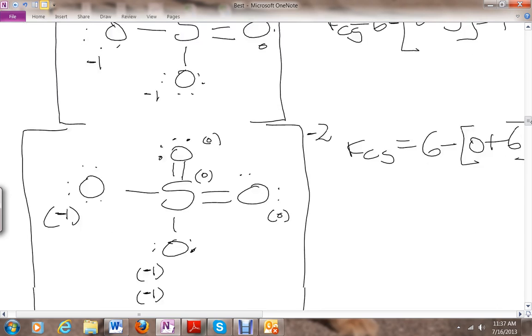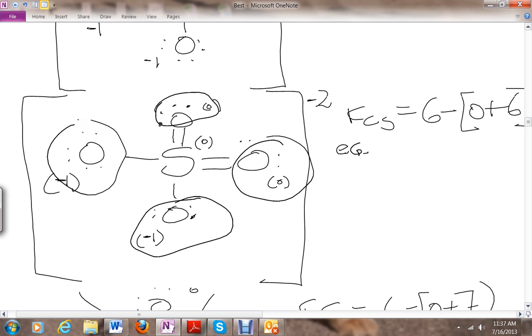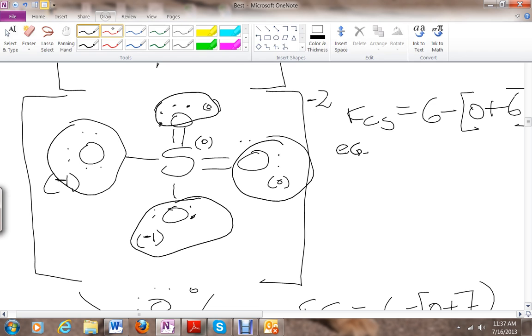So let's look at the correct Lewis structure, which was the third one for us. And again, let's look at the electron geometry, EG. Okay, how many domains? One, sorry, two, 3, and 4. And all of them, right, are atoms.